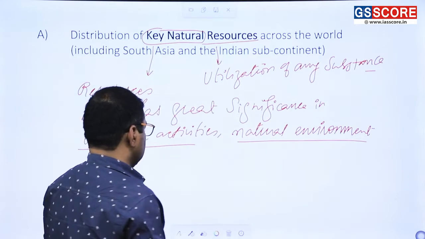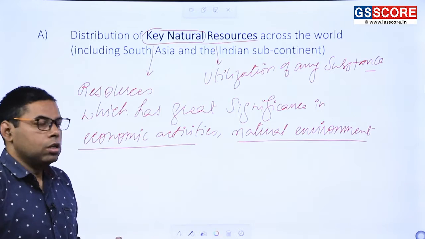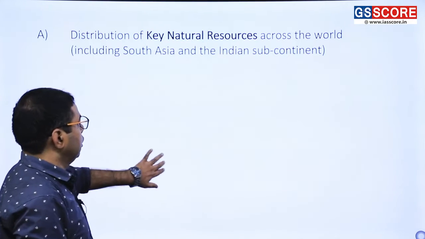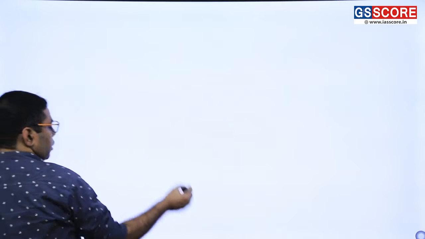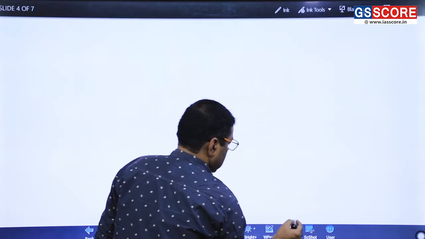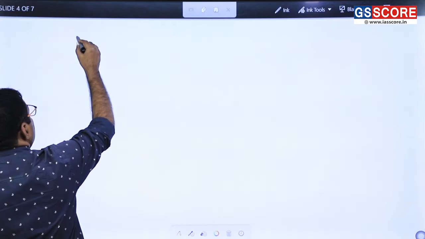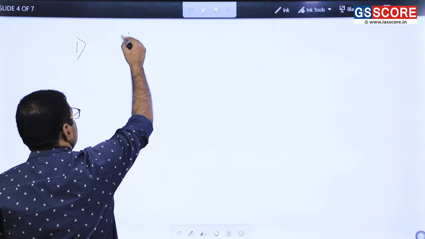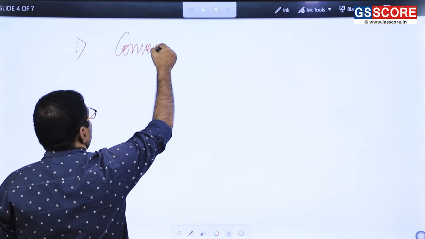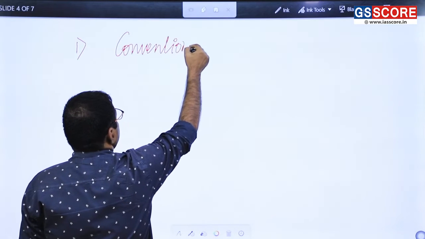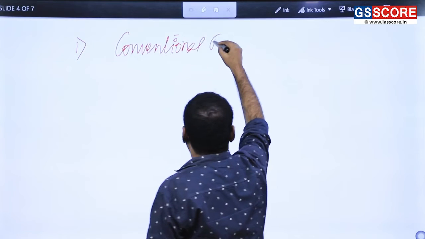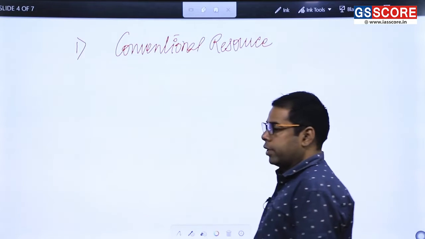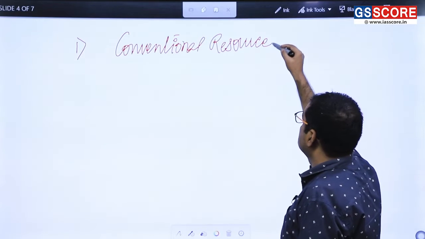So I have listed a few key natural resources. Number 1, I have divided into two parts. One is conventional resources.